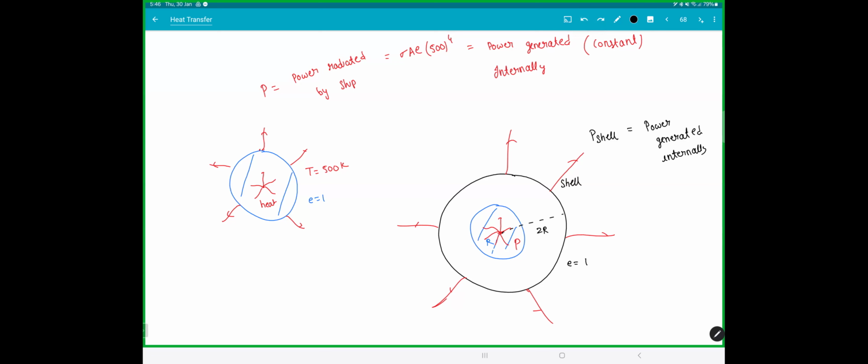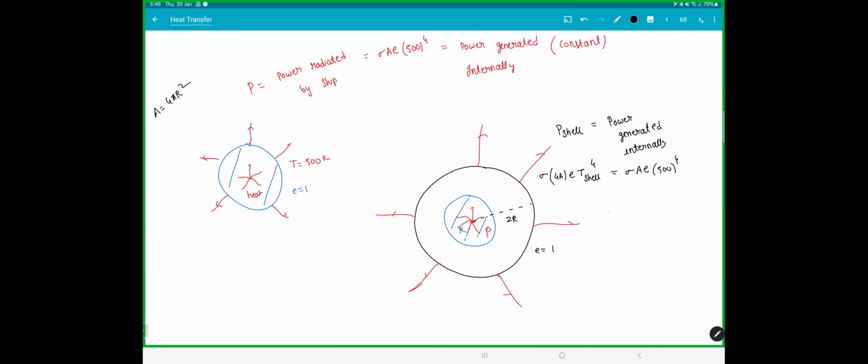Whatever heat generated by the spaceship inside must somehow escape from the outside shell to infinity. This would be how much? Sigma A T. Area will be 4A because radius is 2r. Area is 4 pi r squared. Temperature is T shell, power 4, is equal to the power generated internally, sigma A 500 power 4.